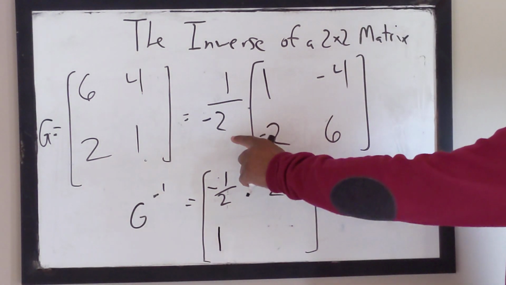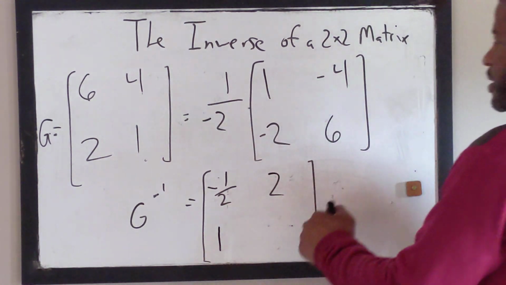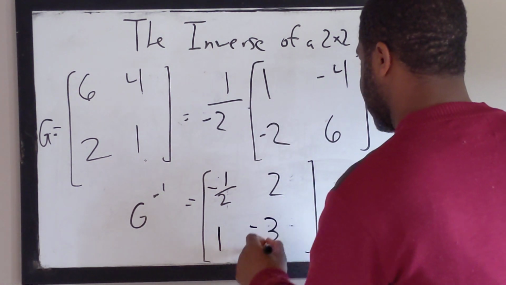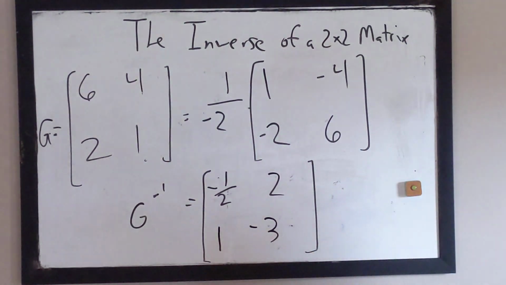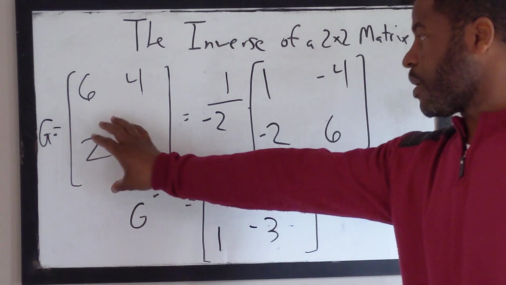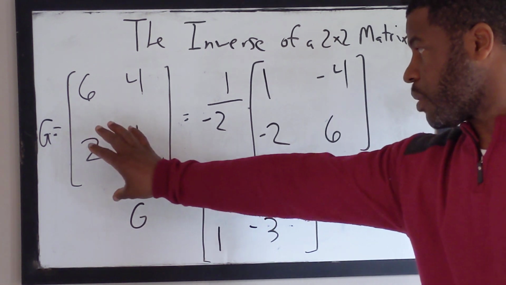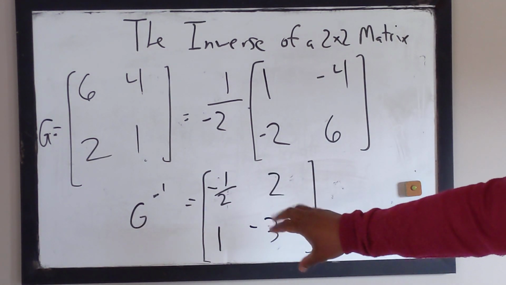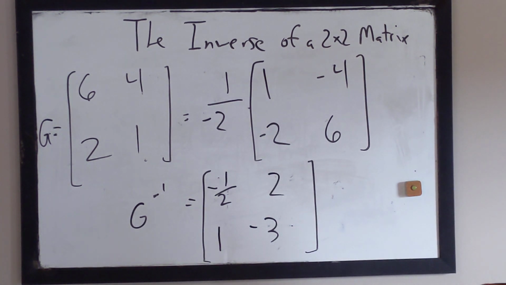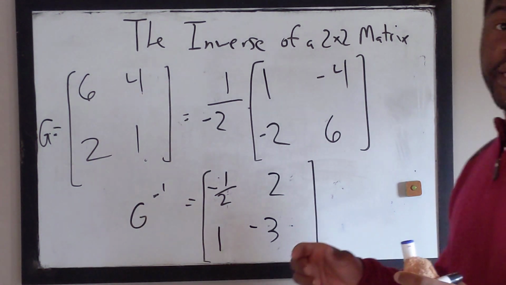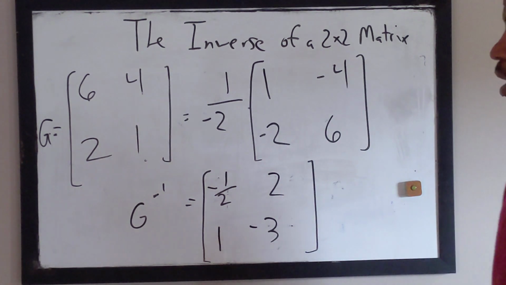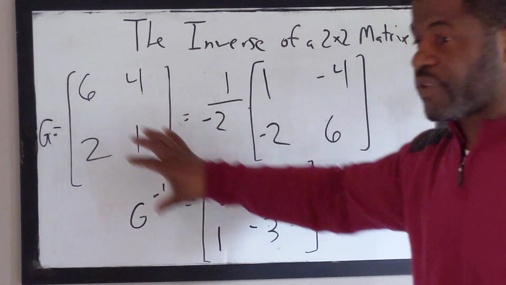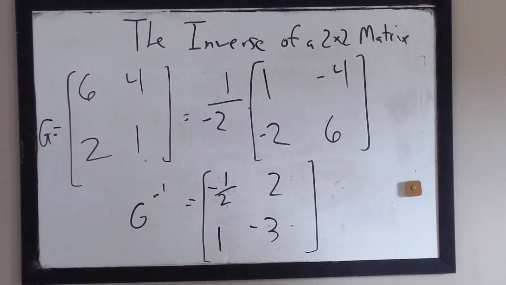And then -1/2 times 6 gives us a -3. This is the inverse. If you multiply G, the original matrix, times G inverse, it will get you back to the identity matrix, 1, 0, 0, 1. What you basically have done is multiplied 5 times 1/5 to get back.